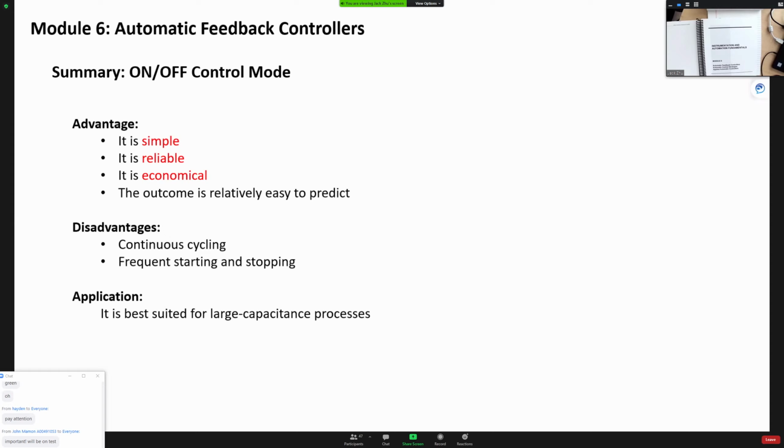When they reach the set temperature, you stop the heater, but the house has thermal insulation, so it also takes a while before the temperature cools down. Then you have to turn it on again. That's considered a large capacitance process. So it's okay for them because the benefit overcomes the disadvantages. That's the on-off control.